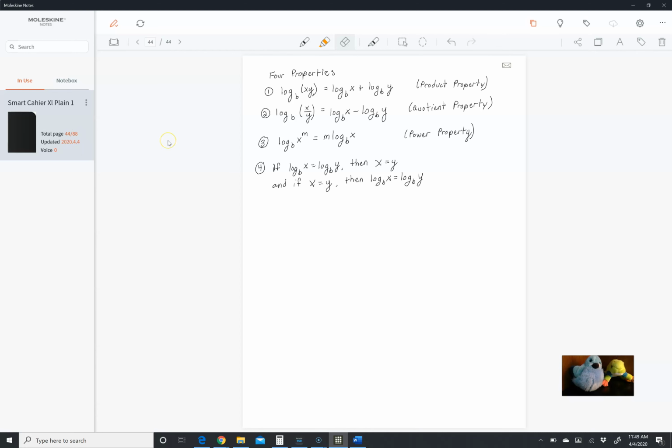Let's do a proof of the product property and a proof of the power property, okay? And there are actually two ways to prove the power property. We're just going to prove it in both ways.